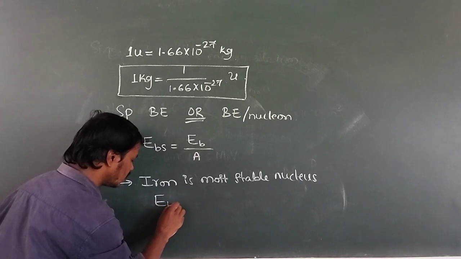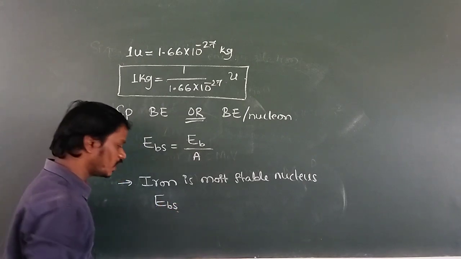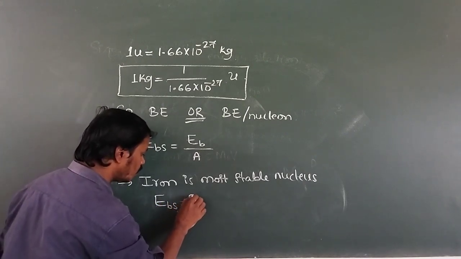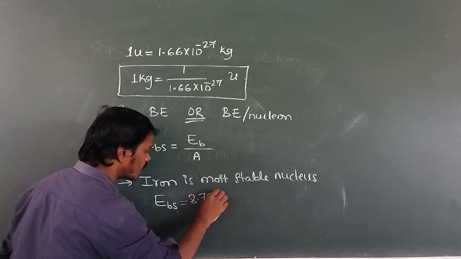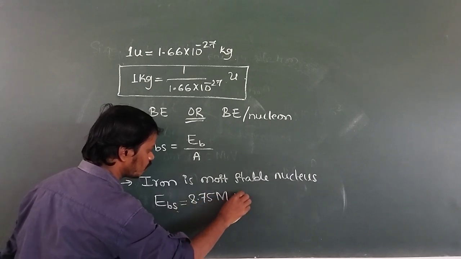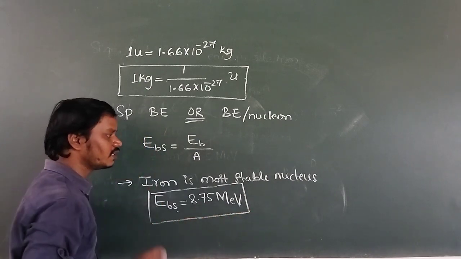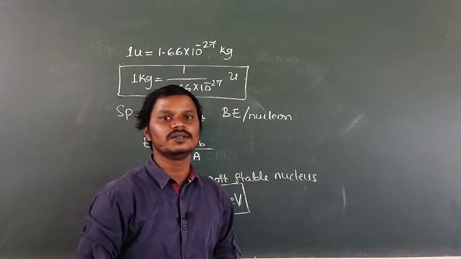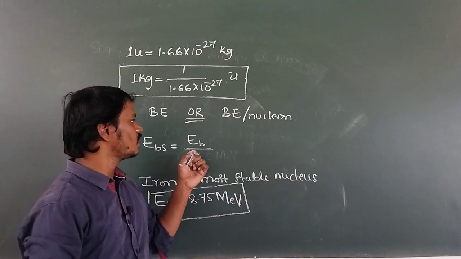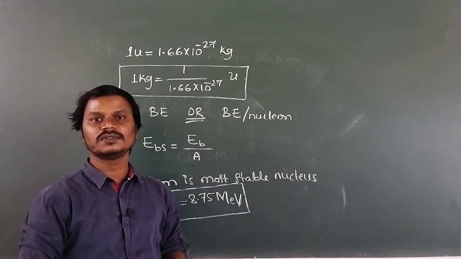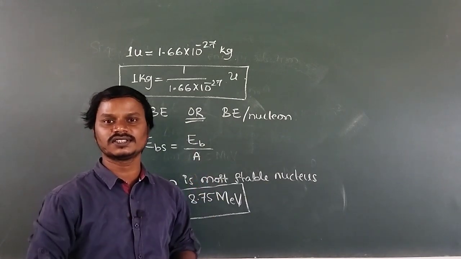This is the maximum value, that is why iron is the most stable nucleus. So, this is all about the energy in case of the nuclear physics chapter.